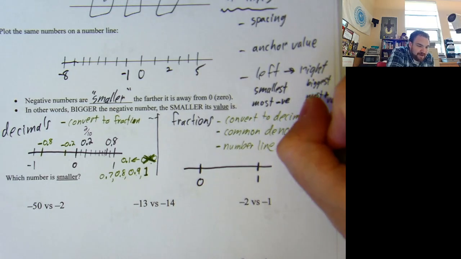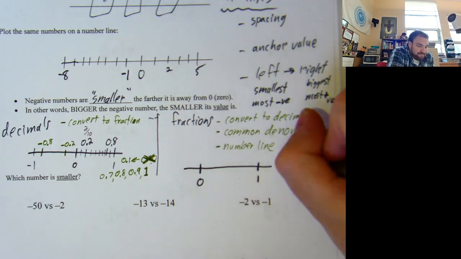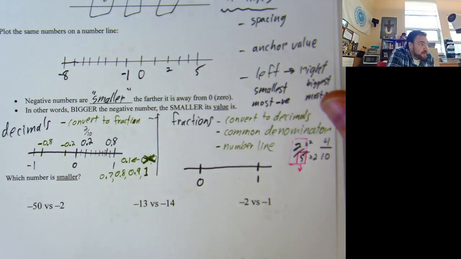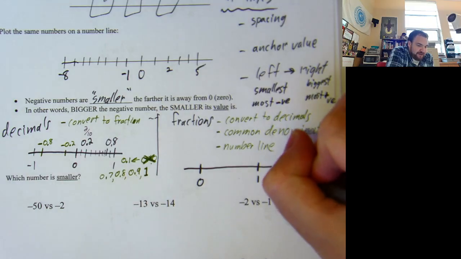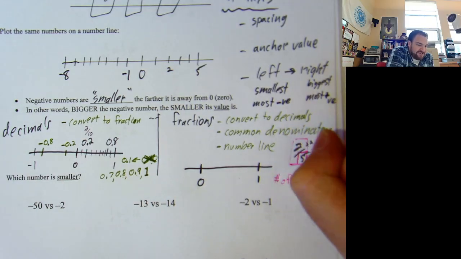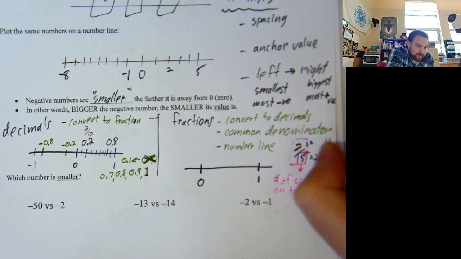What does the denominator tell you of a fraction? Yes, the number of spaces there should be between two values. So that 5 there, the denominator, is the number of spaces on the number line.